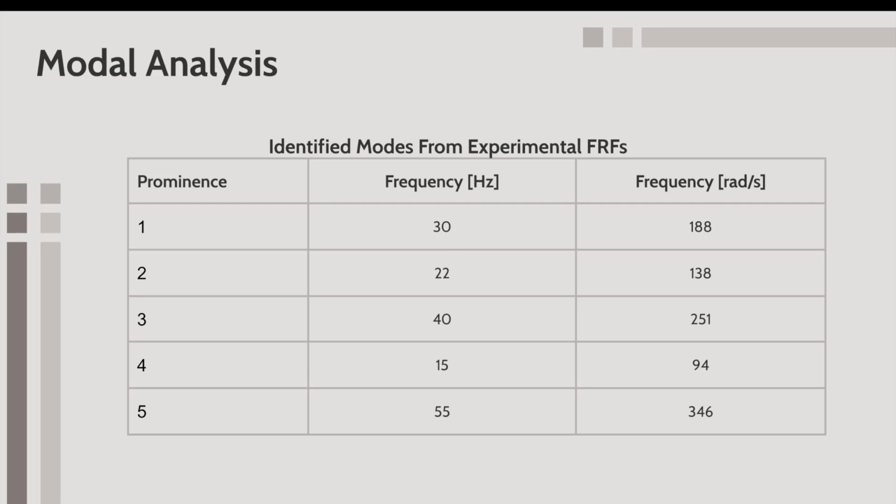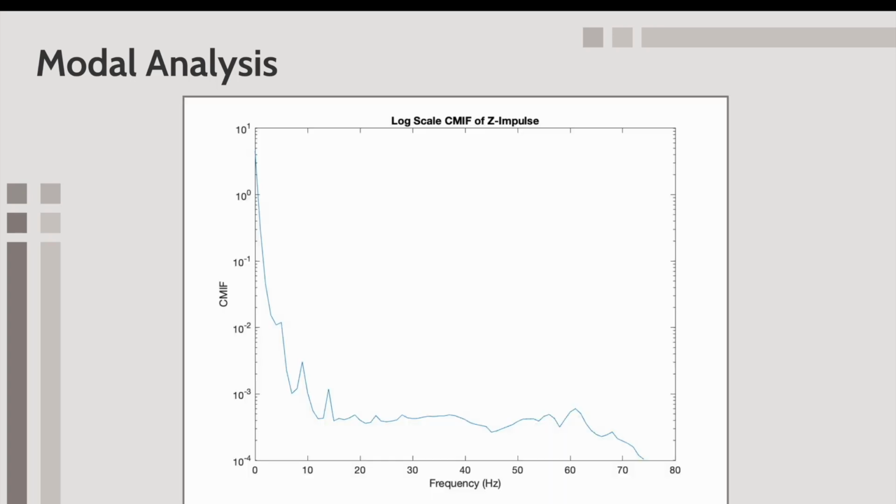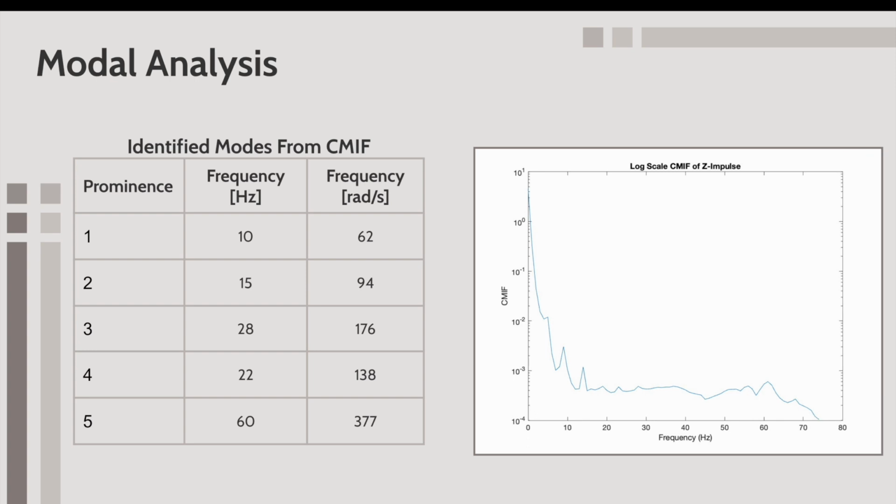More accurate analysis of the mode shapes was then done by generating the complex mode indicator function, or CMIF, from the data. For the CMIF, the first column of the FRF matrix, containing entries corresponding to excitation in the Z direction, was used. The following figure was generated. In the CMIF, the 5 most prominent resonant frequencies were 10 Hz, 15 Hz, 28 Hz, 22 Hz, and 60 Hz.